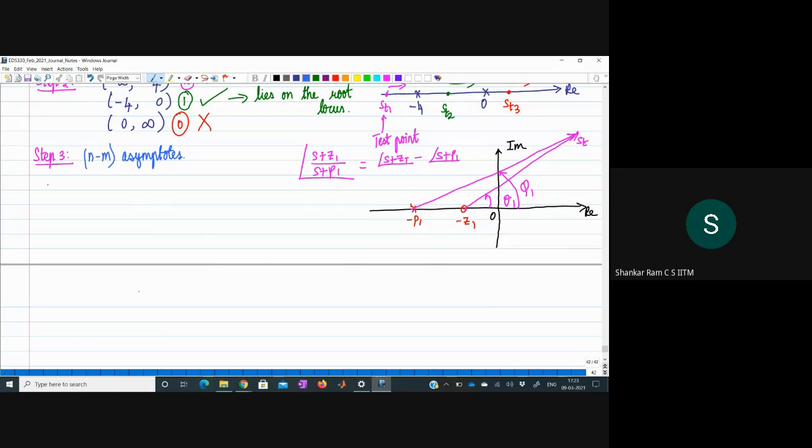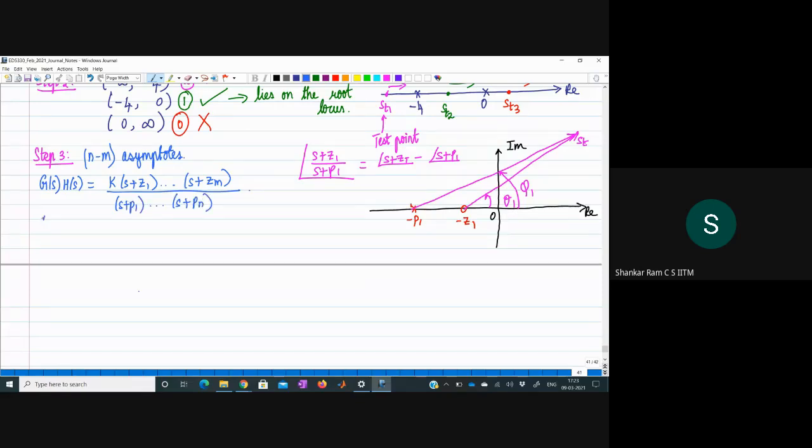So just to give a flavor of why we get this formula, consider the general structure of the open loop transfer function that we are dealing with, which will be K times (s plus z1) till (s plus zm) divided by (s plus p1) all the way till (s plus pn).